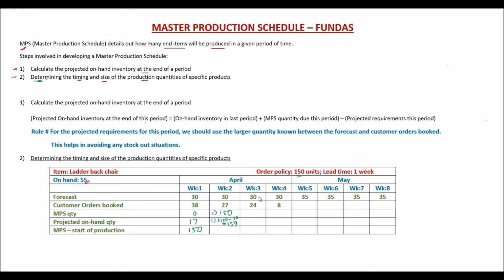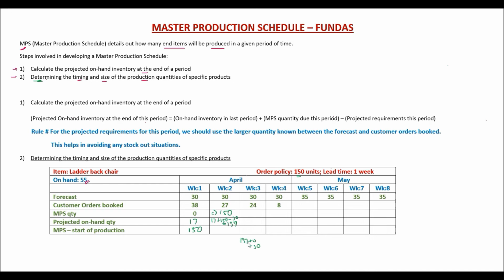Now in week 3 we have been given a forecast of 30 and customer orders booked of 24. We do not have an MPS quantity, so we'll assume this is 0. So now the projected on hand becomes on hand inventory in past period, which is 137, plus the MPS quantity, which is 0, minus the projected requirement, which is 30, the higher of the two, so 30.